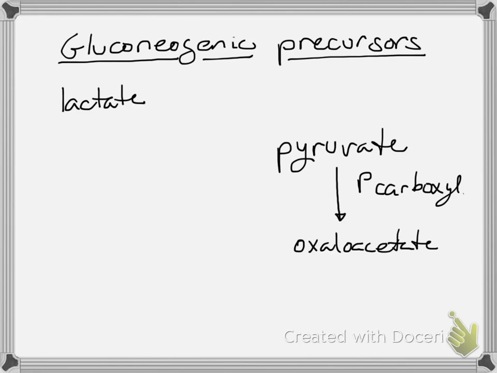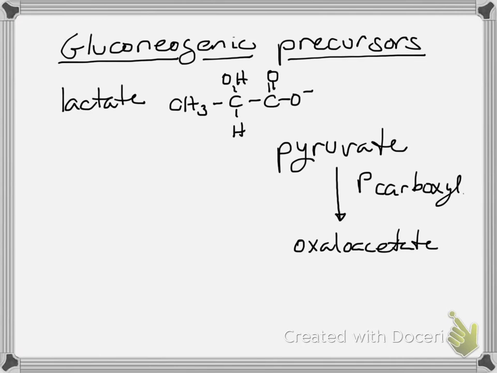So lactate, remember, is a byproduct of red blood cell metabolism, because red blood cells are unable to perform oxidative phosphorylation because there's no mitochondria, so they convert pyruvate into lactate in order to regenerate their NAD, and in the process the lactate is secreted out into the blood.